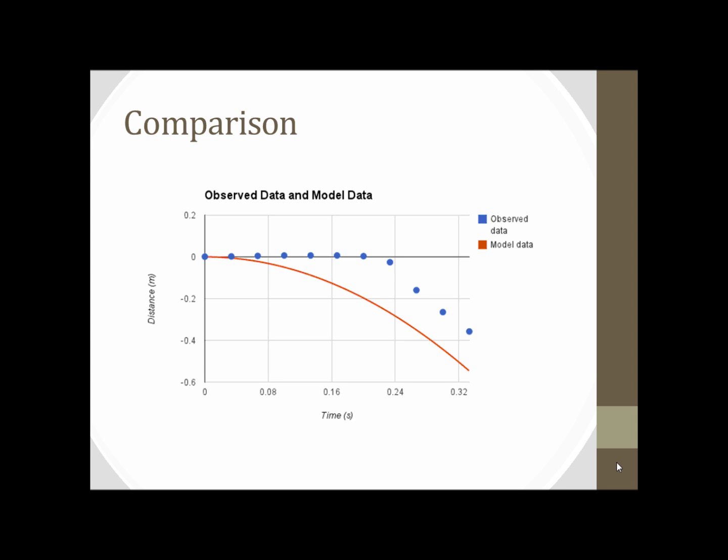Here's a graph of the observed data and the model data. As you can see, the observed data of the spring is graphed in blue dots, and the model data of the object in free fall is graphed with the red line. These two curves do not match up, which means that my model does not fit the observed data.